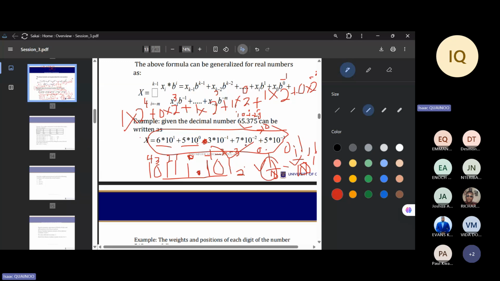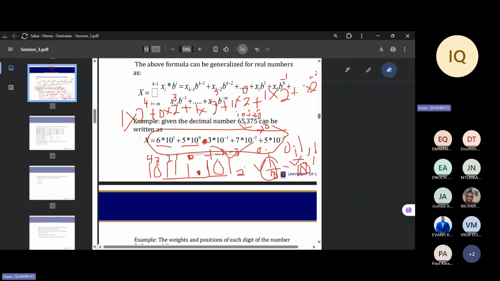So please, always take note that you do not bring the point when representing this. You ignore the point here and you just add the values straight away, because the negative powers have already made room for the decimal values. Negative powers automatically represent the inverse of a number, and an inverse of a number is automatically in decimal, so there is no need to bring the point in the first place.